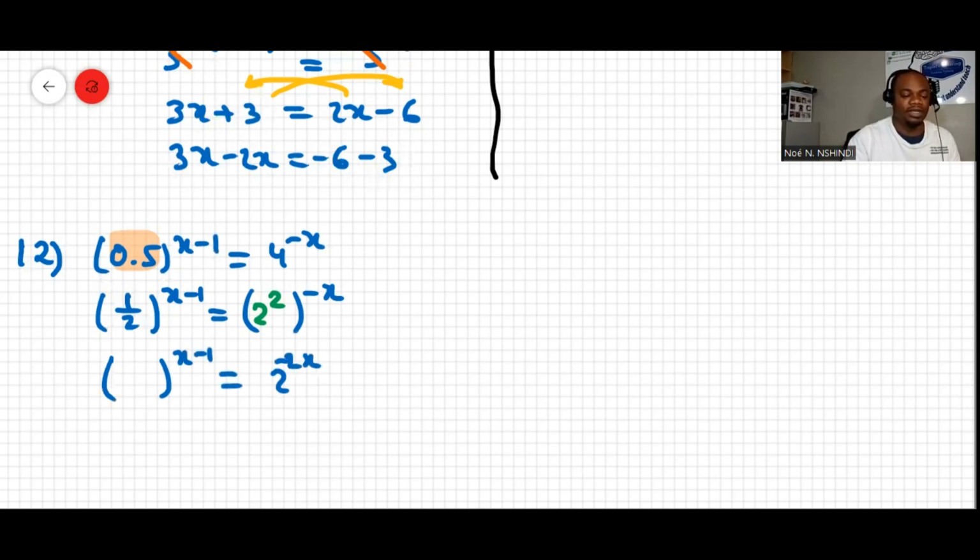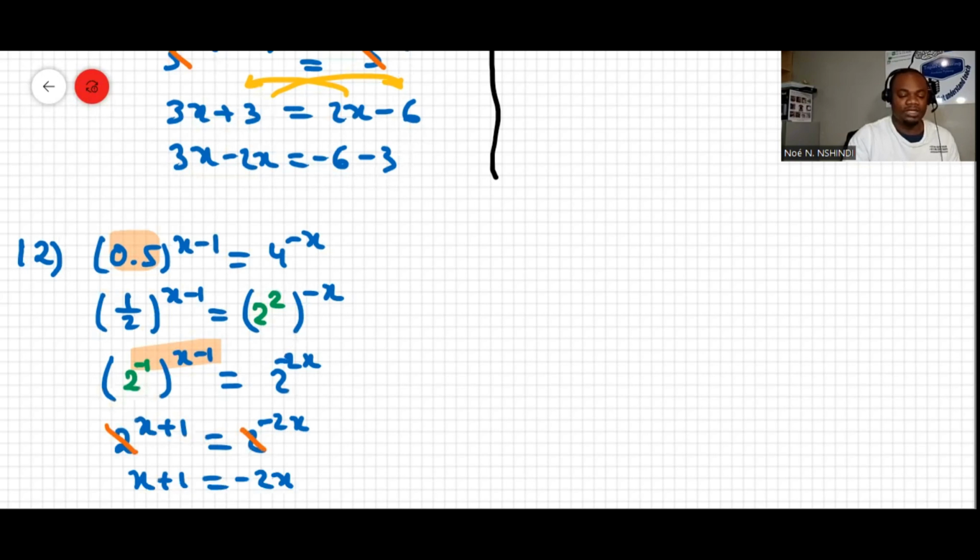And then a half can be written as 2 to the negative 1. And then over here, we can just multiply the exponent, okay? So this will be 2 to the power of negative x plus 1 equal to 2 to the negative 2x. So there, we can just drop the bases, and then we have negative x plus 1 equal to negative 2x.